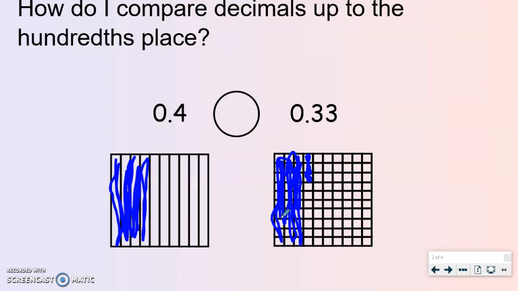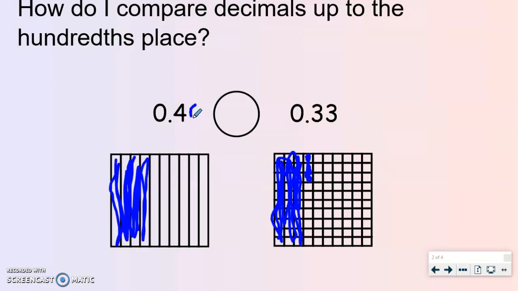Now, it might look kind of similar, but keep in mind that I have 4 entire columns filled in here, and on this side, I only have 3 columns and a little bit of the 4th column filled in. Something else you can think about is you could extend this number into the hundredths place. So remember, I don't have any hundredths. They're all nice uniform columns that are filled in.